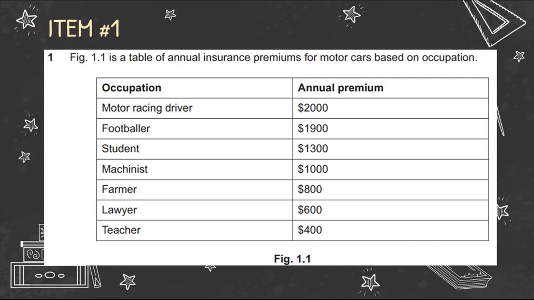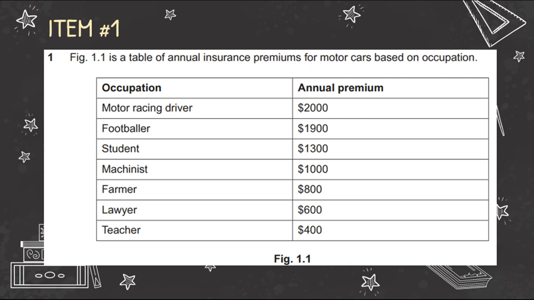And in the figure 1.1, there is a table of the annual insurance premiums for motor cars based on the occupation. So as you can see in the figure, the first part of the table is the occupation, from motor racing driver, footballer, student, machinist, farmer, lawyer, and teacher, and its annual premium for the motor car.